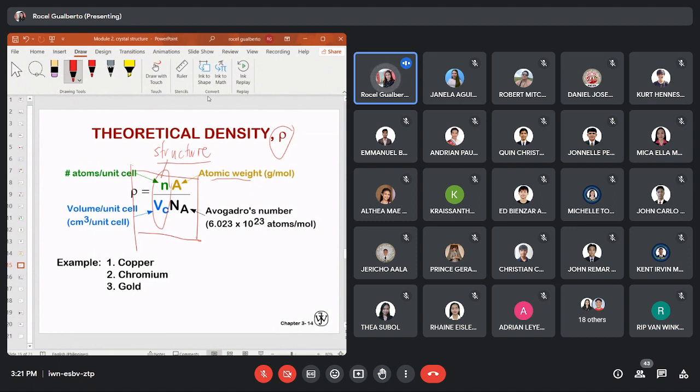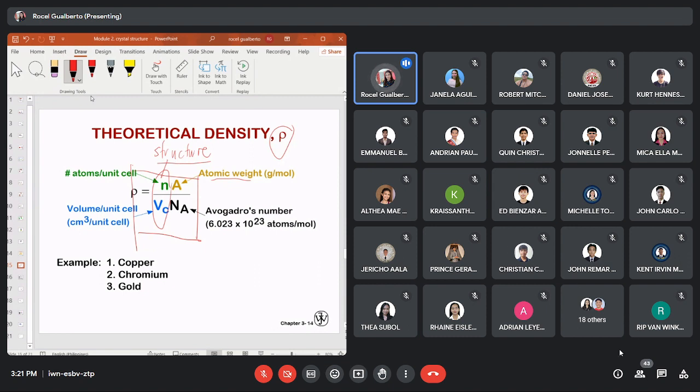The atomic weight is taken from the periodic table, o kaya naman po from our textbook, there is this table on the front cover having the properties of different materials or different solids. Doon po natin makikita yung value ng atomic weight.